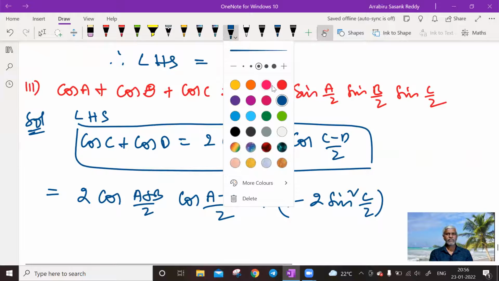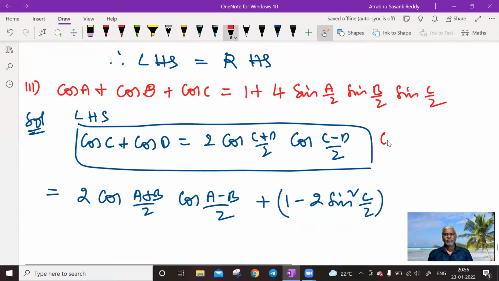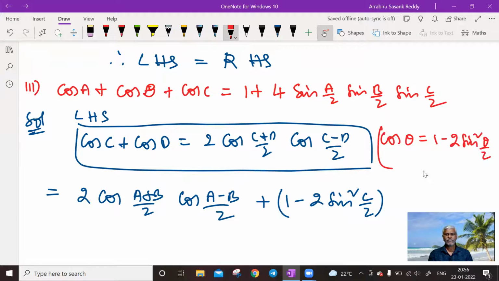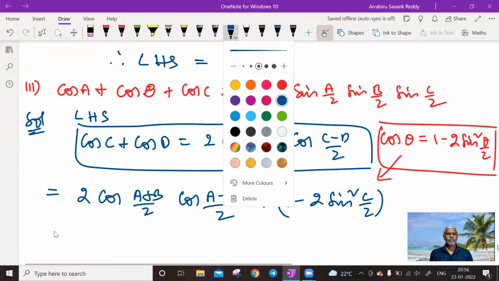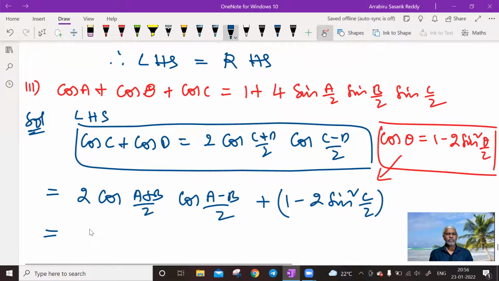So cos c becomes 1 minus 2 sin square c by 2, using cos theta is equal to 1 minus 2 sin square theta by 2. Now let us convert a plus b by 2.